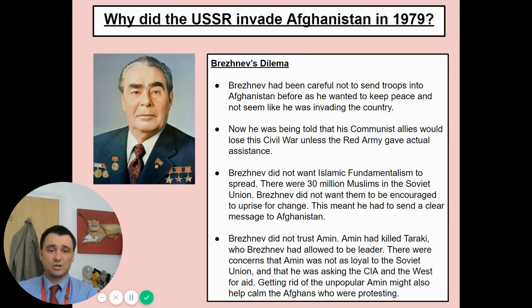Well, Armin had killed Taraki, who Brezhnev had said could be leader. And there were also concerns that Armin, the current Afghanistan communist leader, wasn't necessarily loyal to the Soviet Union. There were talks of him trying to negotiate with America and the CIA for aid. That meant getting rid of the unpopular Armin might also help calm the Afghans who were protesting at the time.